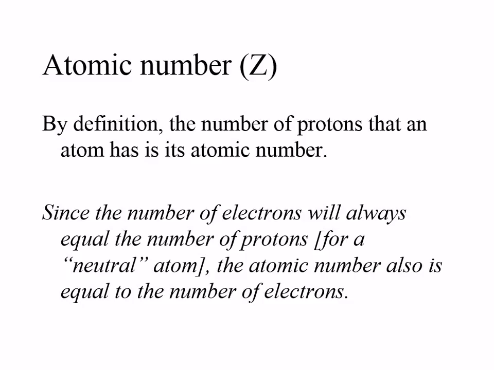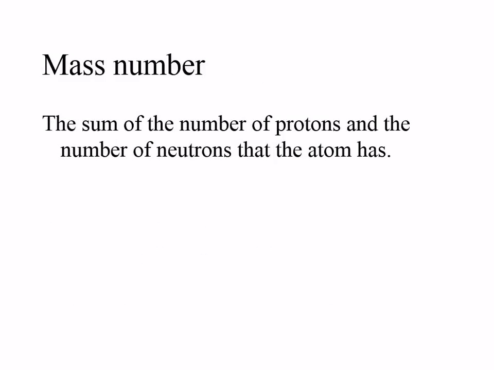Well, if somebody doesn't say it's charged, then it's neutral. The charge, if there is one, will be in the upper right-hand corner. If it's neutral, then electrons are equal to the number of protons. Okay, so we have atomic number, and then we have mass number.